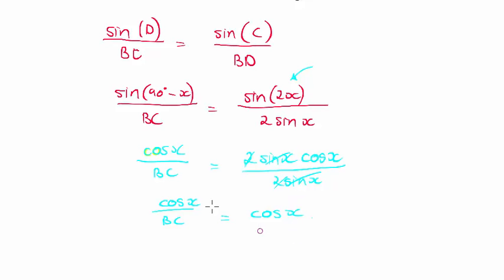Okay. Now, look at this. They asked us to show that BC is equal to 1. What do I have to divide cos x with so that my answer is cos x? No, cos x divided by cos x is 1. What must I divide cos x with so that my answer is cos x?